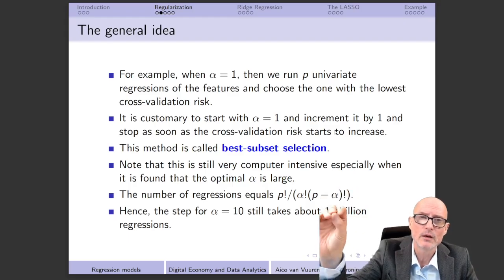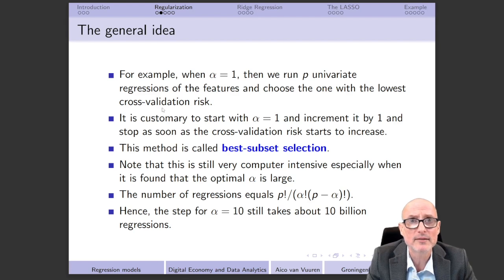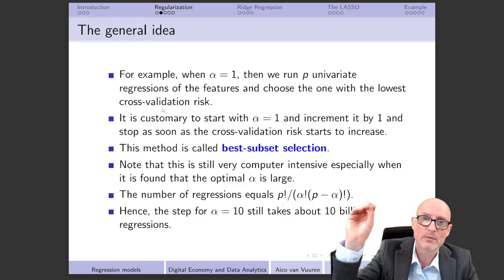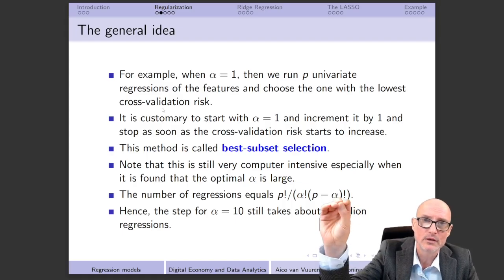So even the best regression that we have will still have a relatively high cross-validation risk. That is not that surprising, because you only use one feature apart from the constant. You would not expect the cross-validation risk to be extremely low. You would not be able to predict so well with just one particular feature.